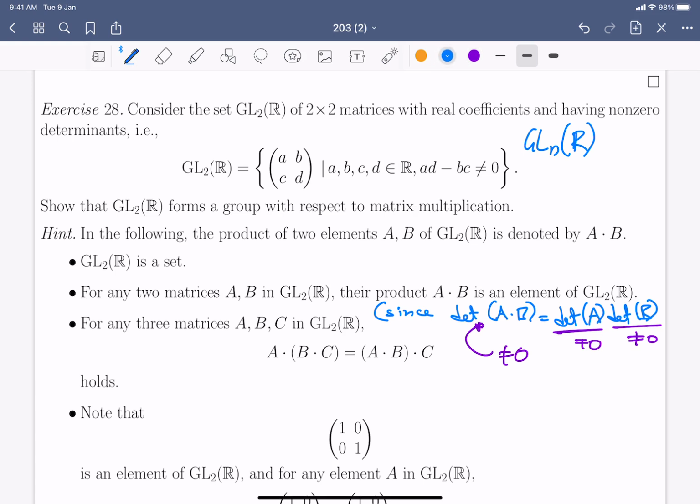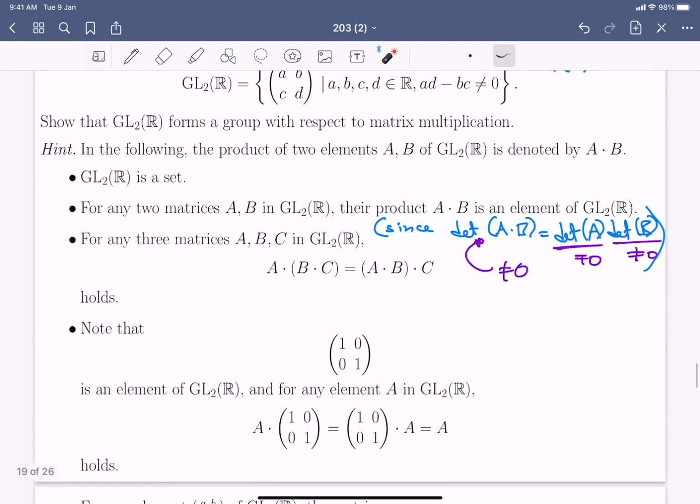Okay, great. Yes, so this is a 2 by 2 matrix with real coefficients, and this has got non-zero determinant, so this is an element of GL2R, right?